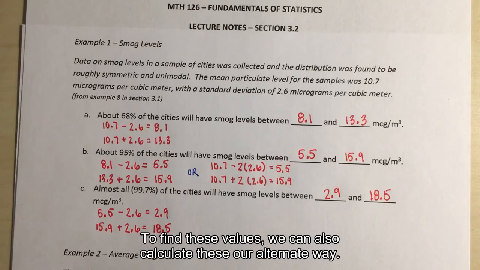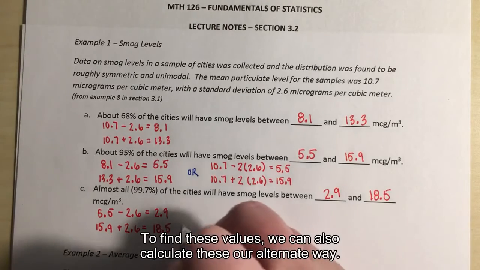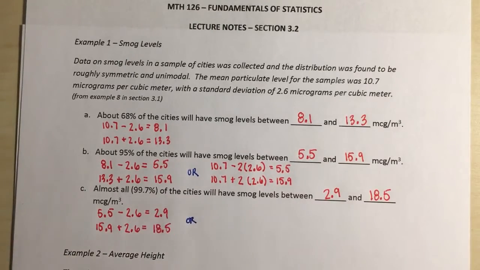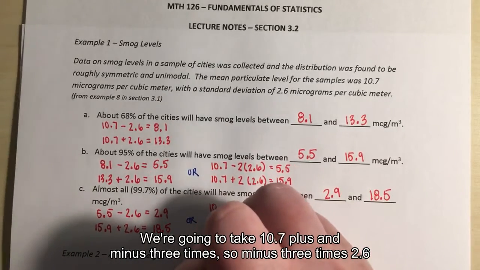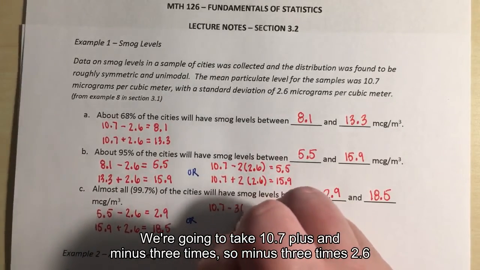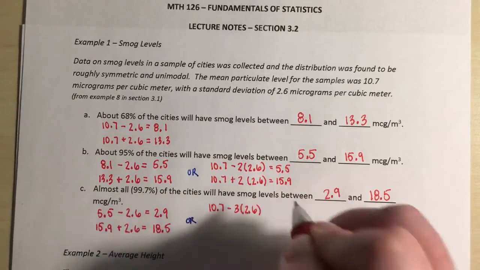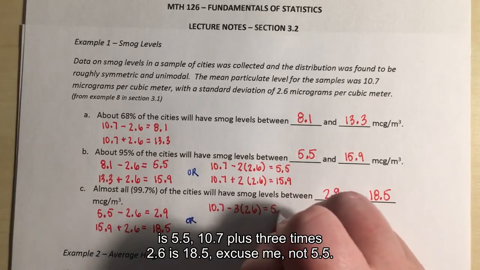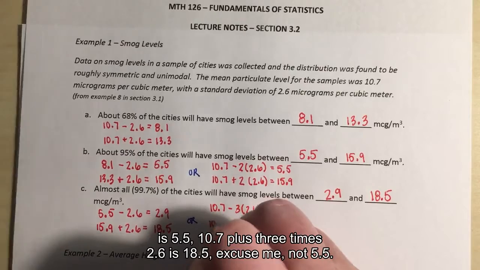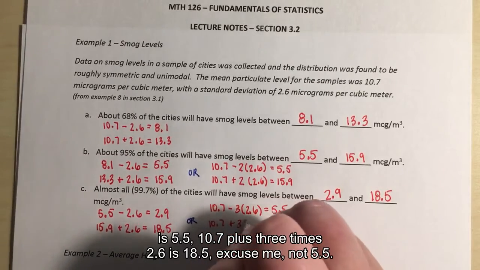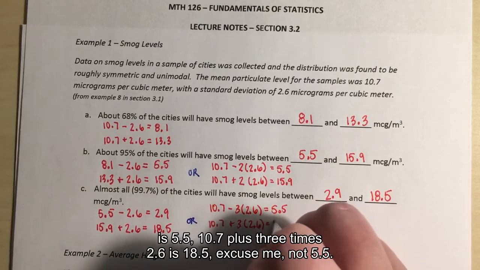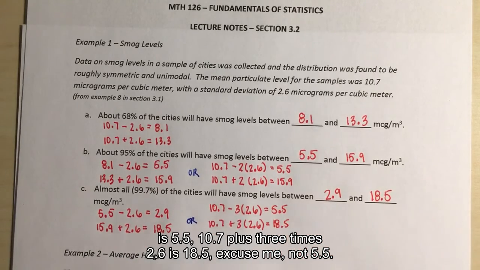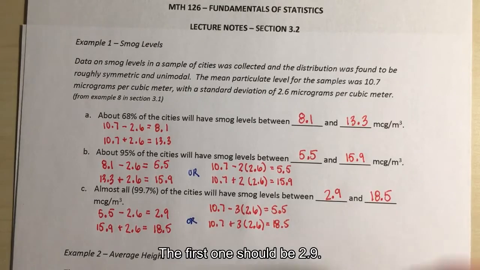To find these values, we can also calculate them our alternate way. We take 10.7 plus and minus 3 times 2.6. So minus 3 times 2.6 is, oh, excuse me, not 5.5, that first one should be 2.9.